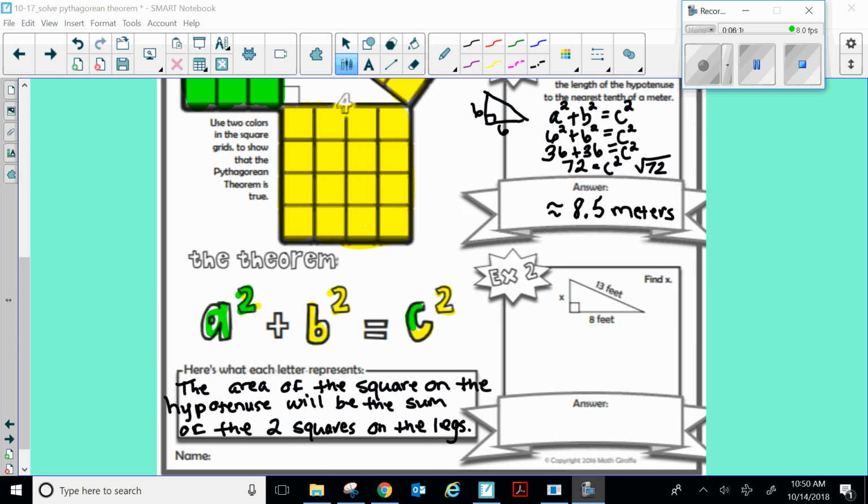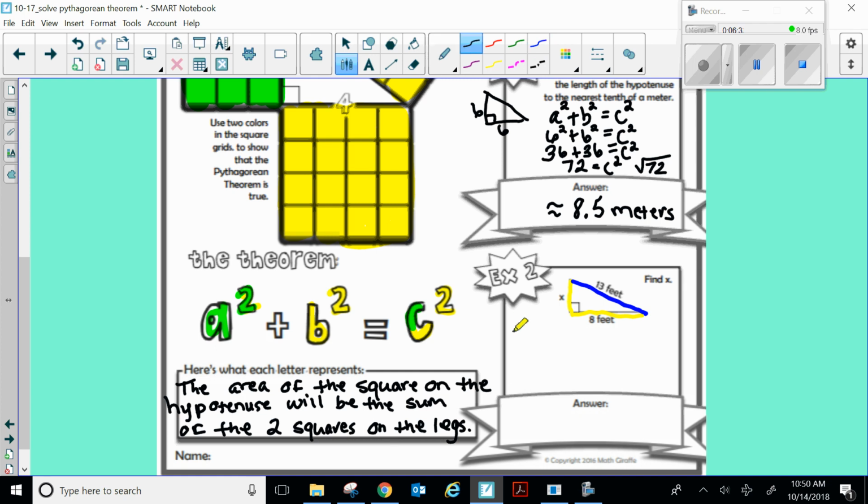Okay, looking at example 2, this time I'm given an image. I'm going to go ahead and mark the legs of my triangle and the hypotenuse. So I can see this time that I'm not looking for my hypotenuse, but I'm going to be looking for the leg of my triangle.